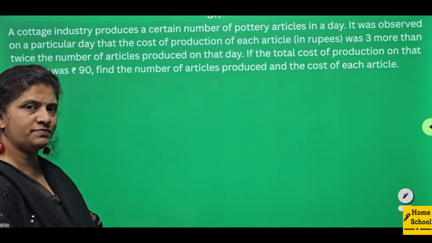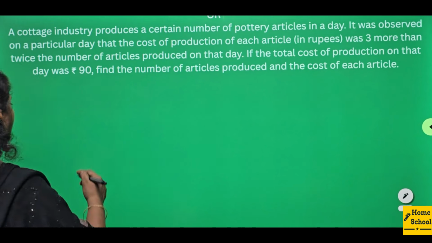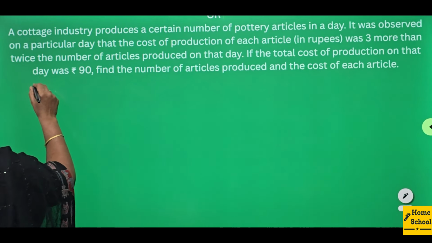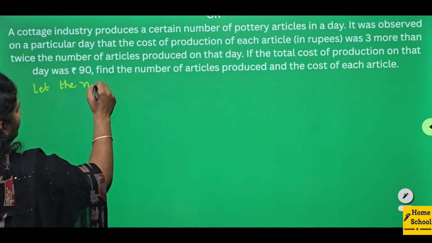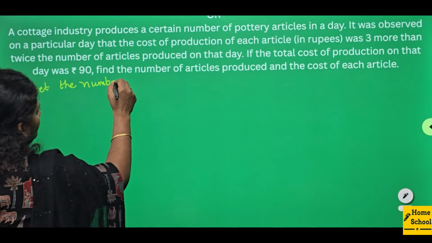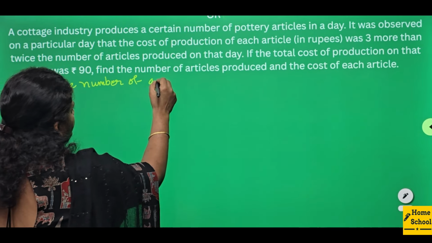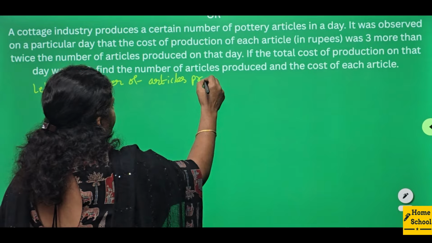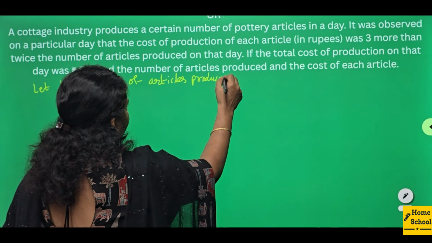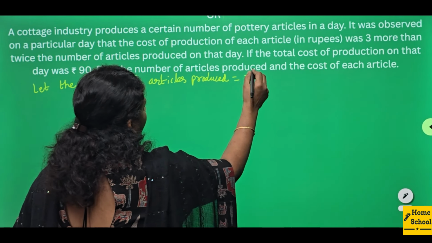This industry produces a certain number of articles. How many articles produced? We don't know. So let the number of articles produced on a day be equal to x.